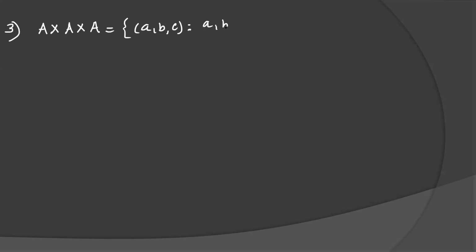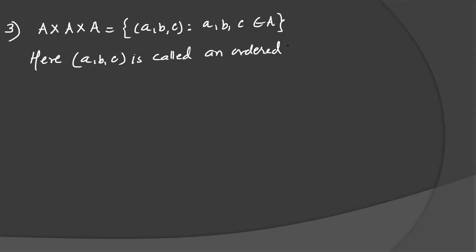Here a, b, c are elements of set A, and (a, b, c) is called an ordered triplet. Here a, b, c can be any value, not necessarily distinct. For example, suppose A is 1, 2. Then if you multiply A cross A cross A, you can see that many elements are repeated here. So not necessarily distinct.